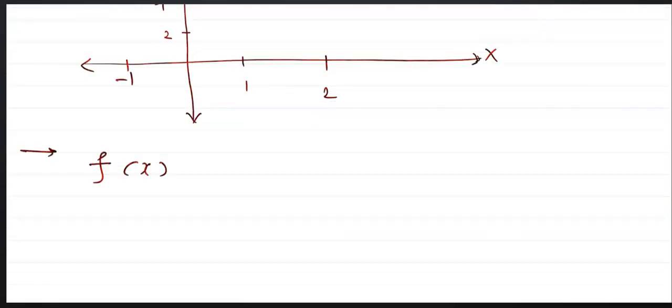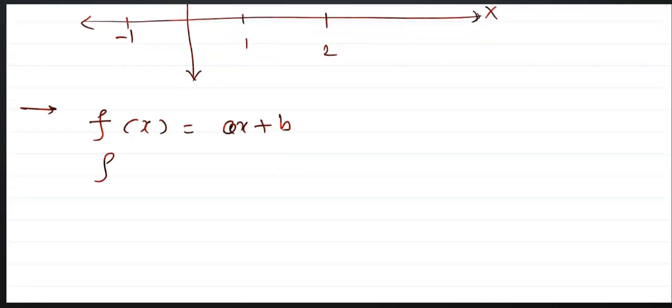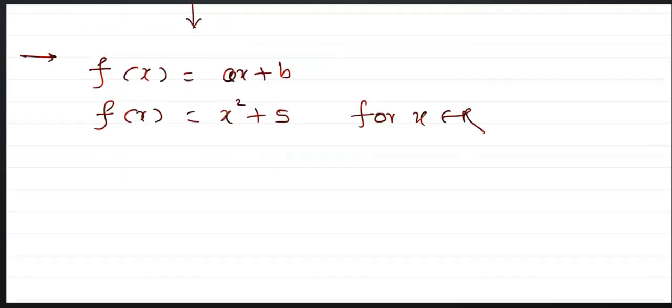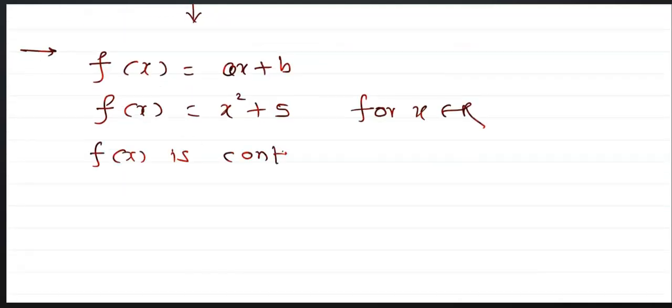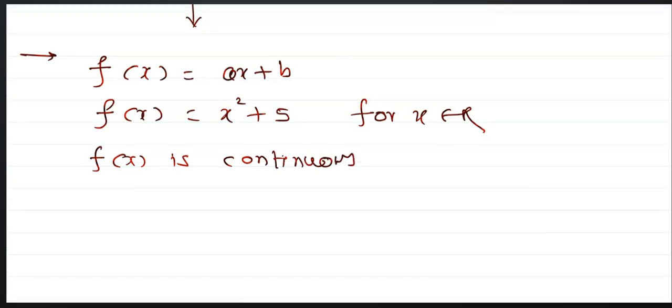We want to find out those unknowns. F of x is equal to ax plus b. Now what is the value of x square plus 5? And what is the value of f of 1? Substitute x equal to 1 in both the equations. Then you will get a plus b is equal to 6.